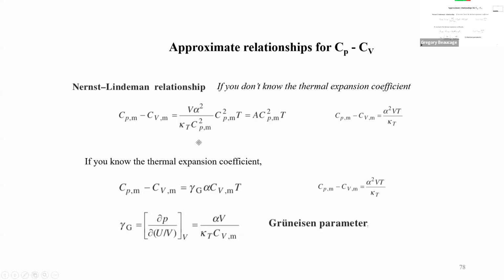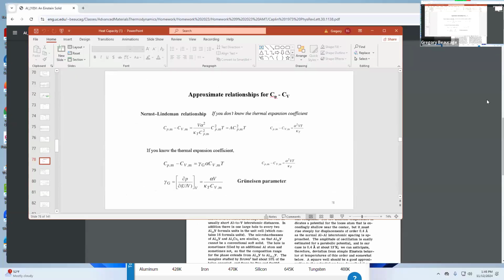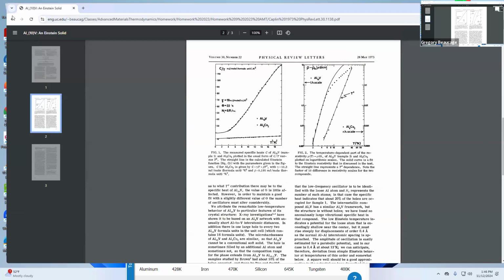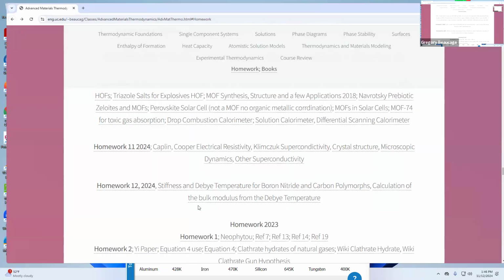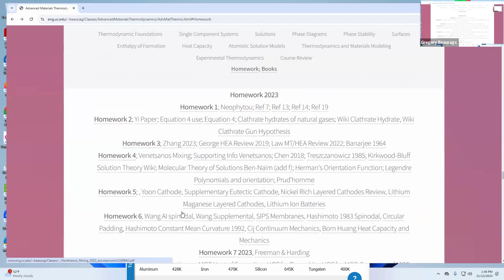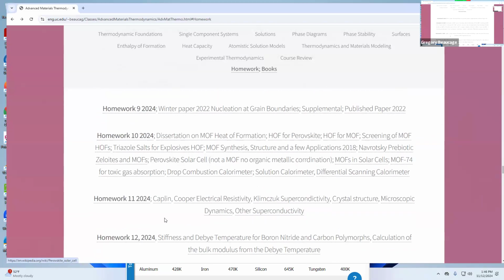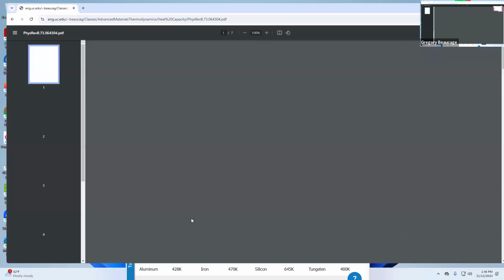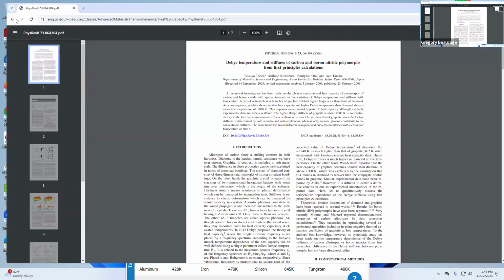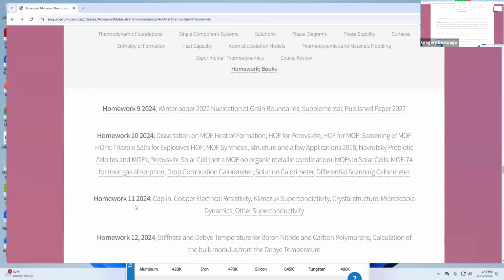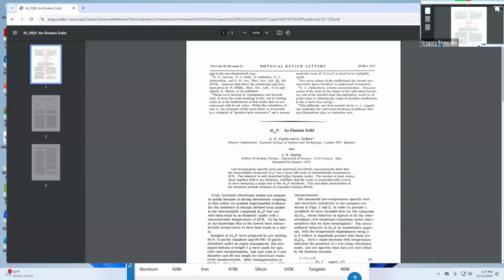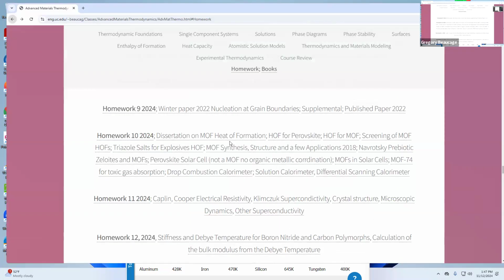And Grüneisen is a guy who wrote, he's one of the authors for the papers, this number 12 homework. Oh no, sorry, that's Grüner. Grüner is the other guy for electron. It's also gamma. There's two different gammas, sorry.